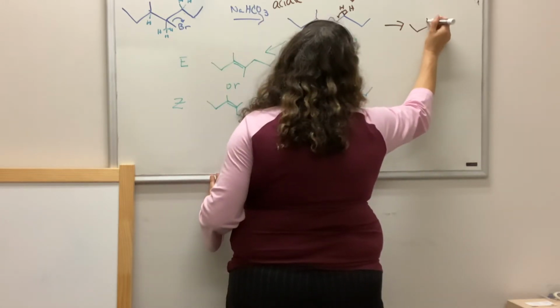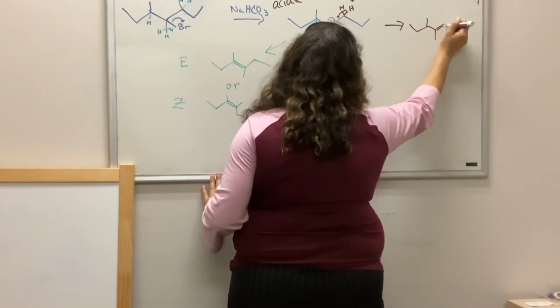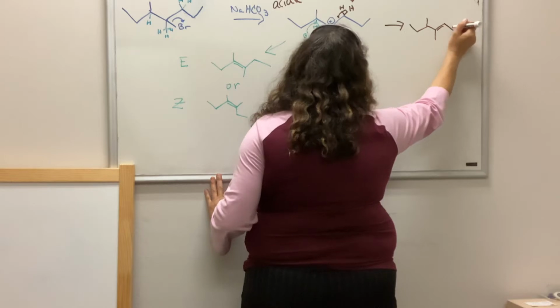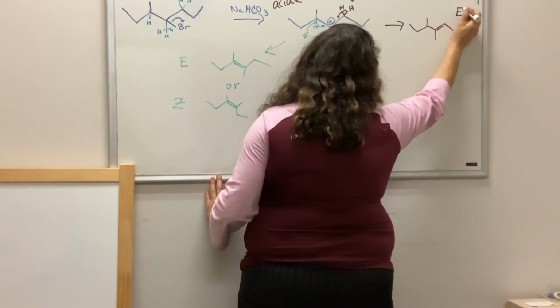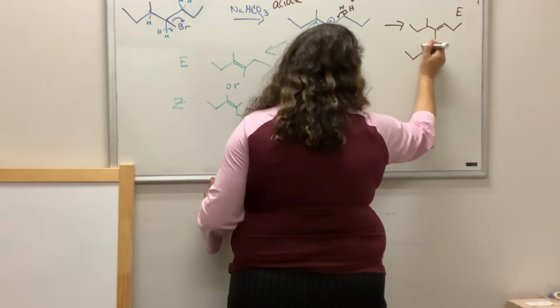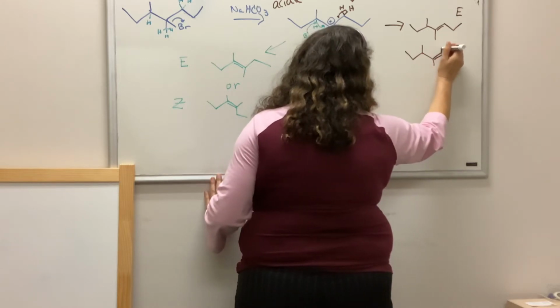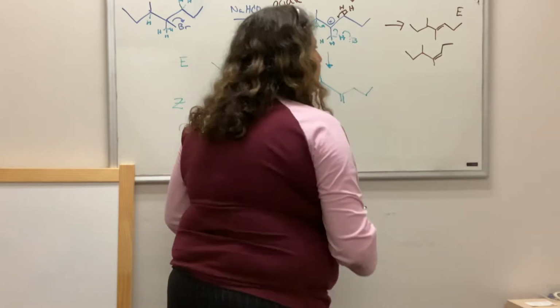Now I have a double bond, and I can either be E, or I could be Z.